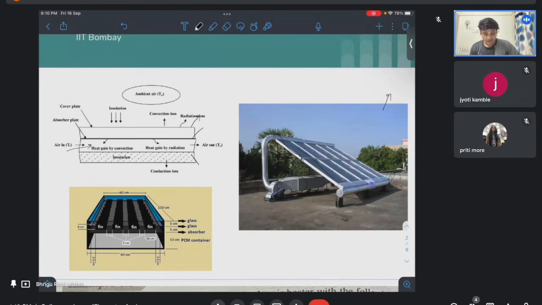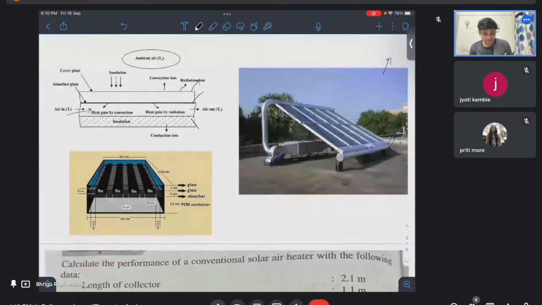This one is the fin type solar air heater. We have fins here, usually made of steel, to enhance the absorbing as well as the heat transfer property of the solar air heater.